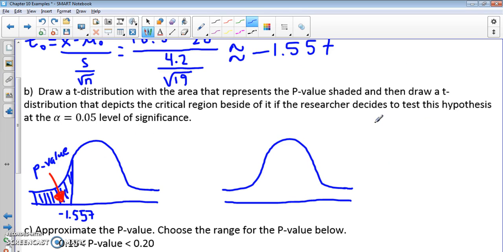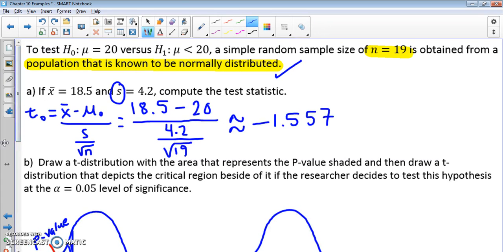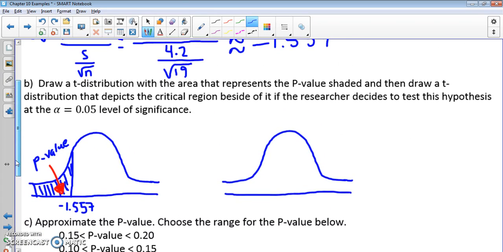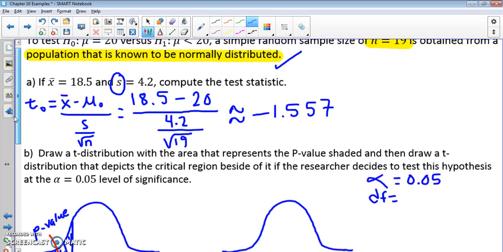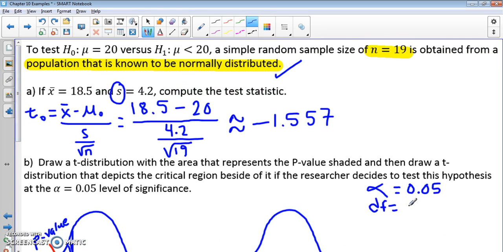And then we want to look at our critical region. So we're working with less than, so we're working with a left-tailed test, and we need to determine two things. So alpha is 0.05, right, and our degrees of freedom, so those are two things we need to know. Our degrees of freedom is n minus 1, n is 19, so our degrees of freedom is 18.